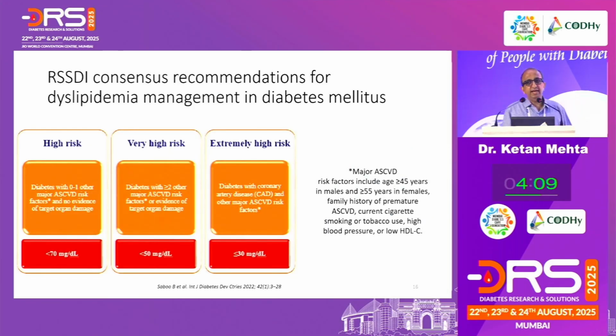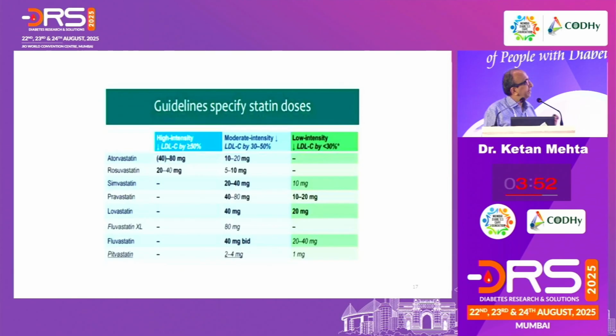Now the RSSDI consensus recommendation in diabetes. Again they talk of the same high risk, very high risk, and extremely high risk: less than 70, very high risk less than 50, and extremely high risk less than 30, which you should keep in mind. Now what do the guidelines specify about statin dosage? High intensity statins are only Atorva 40 to 80 and Rosuva 20 to 40.